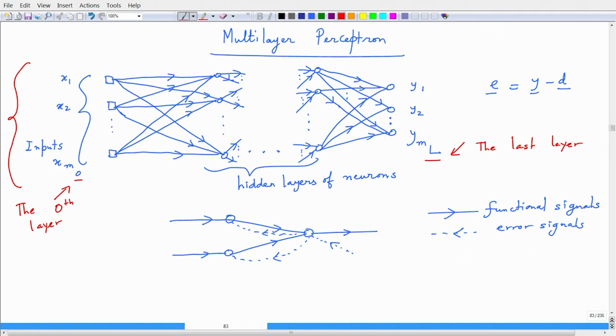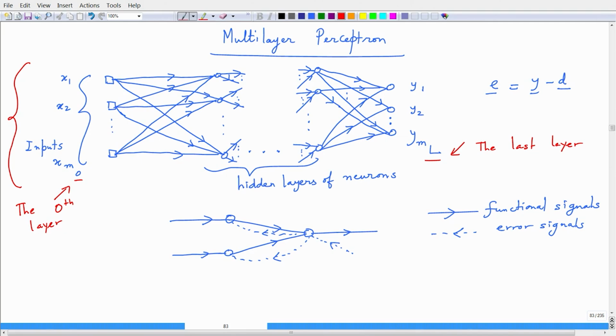This is without the bias, but we can have the bias and other details. As I get into the details of the algorithm, I am going to be more precise, but here let us assume at the moment that we have inputs x1, x2, so on till x m0, and the 0 indicates that it is the first layer or layer 0.